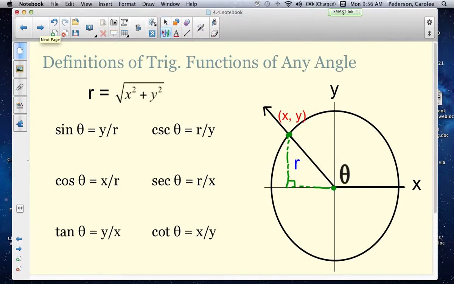This segment here is my radius. It does not have to be 1 anymore, so that's my r. The segment going across is my x value, and then my segment going up and down is my y value. And we can then use these x, y, and r to find the 6 trig functions.